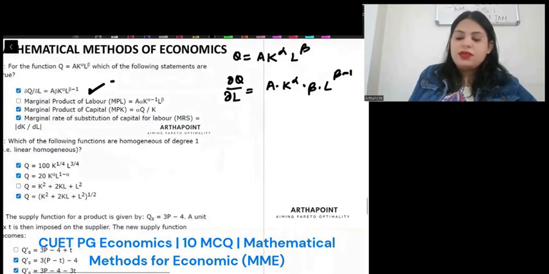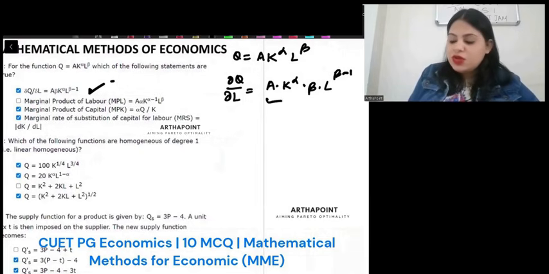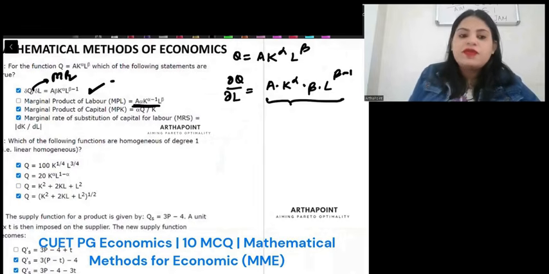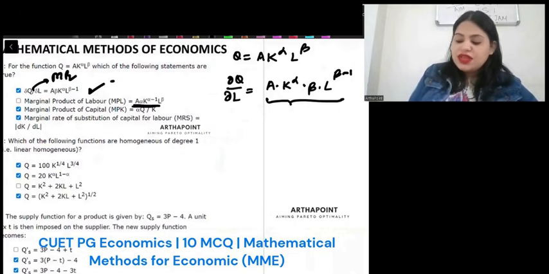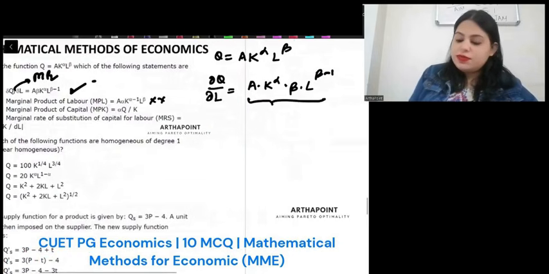Marginal product of labor, matlab you have to differentiate this with respect to L only. So it should be the same thing only. Are you seeing the same thing here? Nahi na? Yehi to marginal product of labor hai when you differentiate it with respect to L. But you don't see this, right? Do you? No. Same thing nahi aa raha. So this is incorrect. Marginal product of capital. Better differentiate this with respect to K.